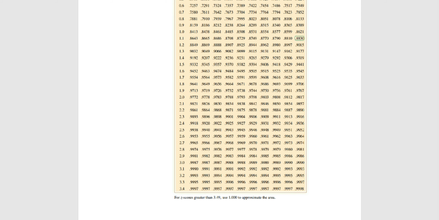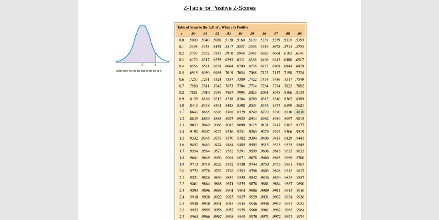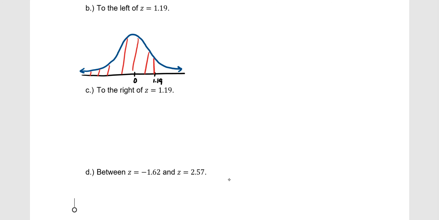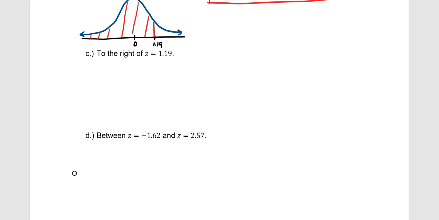We're using the positive table, and 1.1 is right here, and then 0.09 is over there. The value they have in common is 0.883. That's the area to the left of z equals 1.19. Or as a percent, move the decimal 2 places to the right, that would be 88.3%.